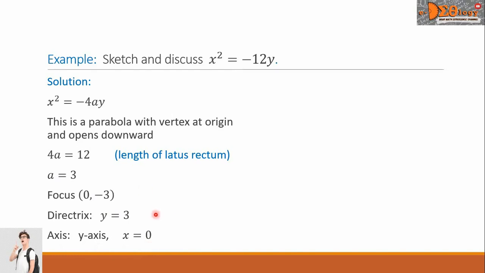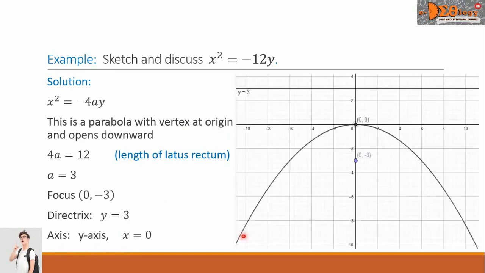Given the focus and directrix, along with the vertex at origin, we can now draw our parabola. This is now the parabola that opens downward and vertex at origin. The focus is here. We have the directrix above.